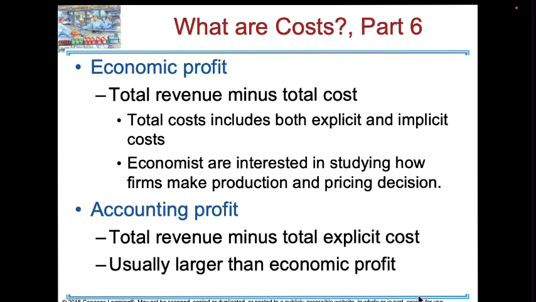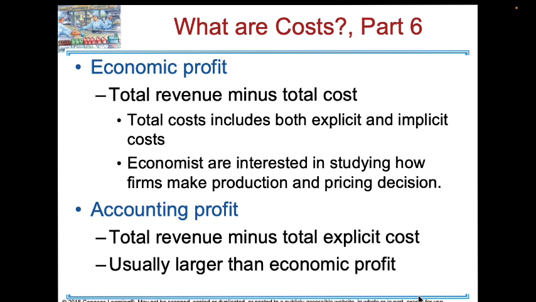Economic profit, therefore, would be different from an accountant's profit, since profit is total revenue minus costs, and an economist is interested in studying how firms produce and how pricing decisions work. We are going to be including both explicit and implicit costs.